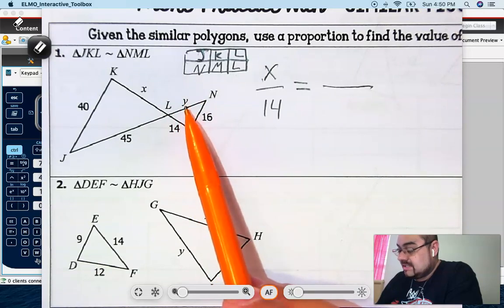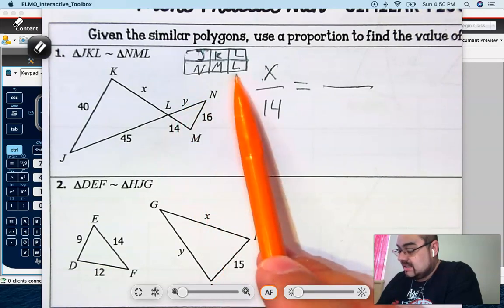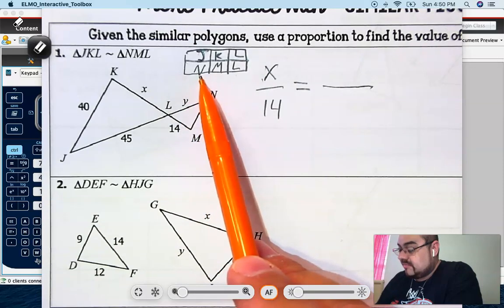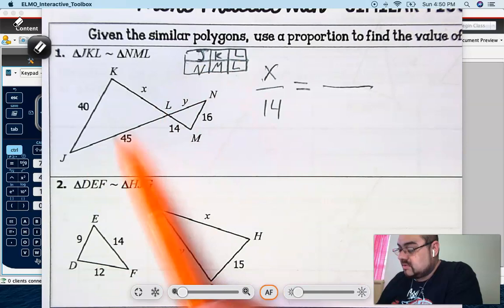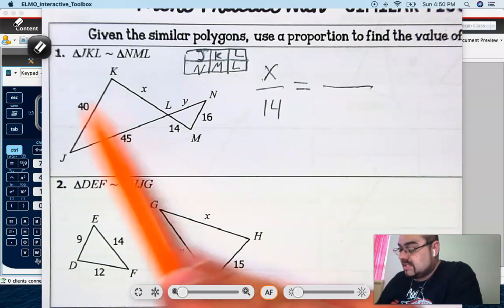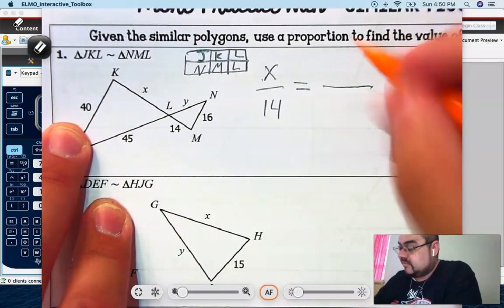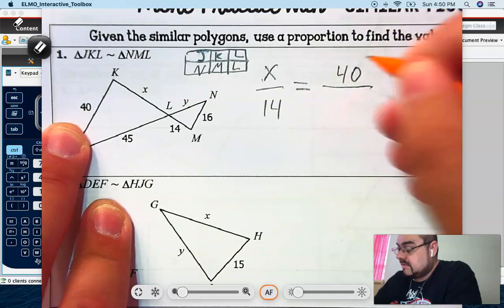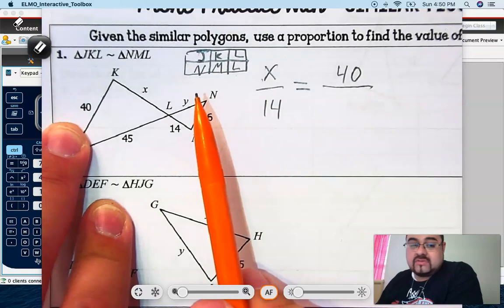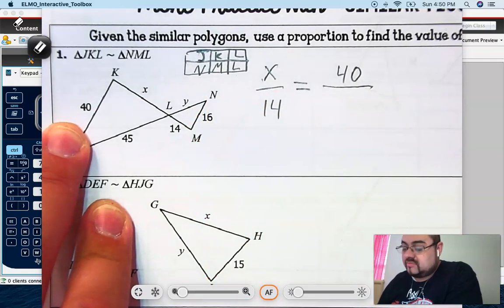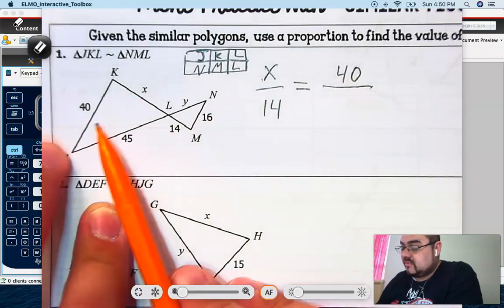So y is side LN. So the side I want to stay away from right now is LJ. So I don't want to use this number. I'm going to end up using this number instead. So 40 is going to go right here. Before, you could really just pick anything else if you're working with one variable, but in this case, since we're working with two variables, you have to be careful with what you pick. All right, so I'm going to use 40.